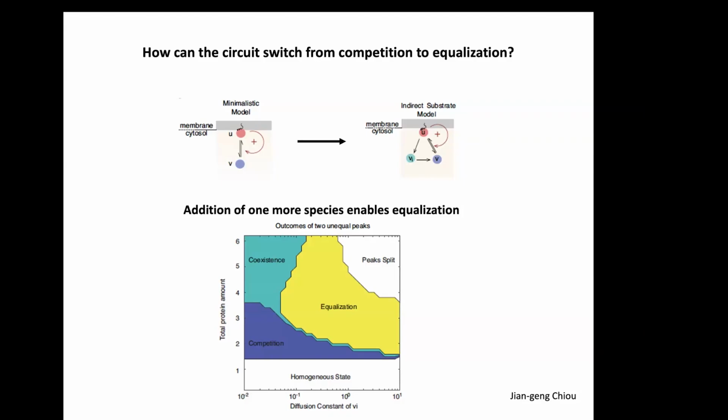From the point of view of the data, how would you tell if there's equalization or just they both reach independently a concentration, if there's a maximum concentration that they can reach? Right. So that's a great question.